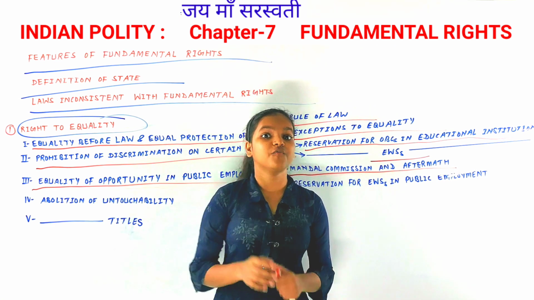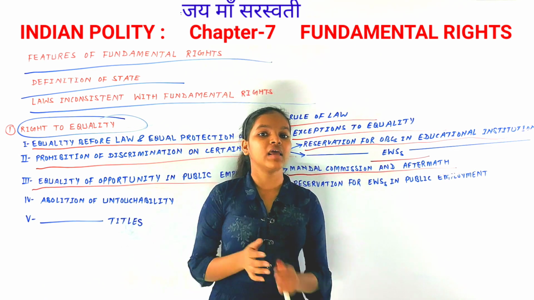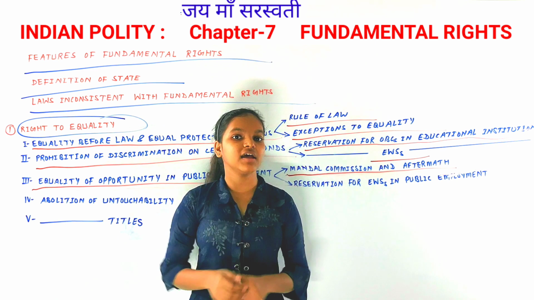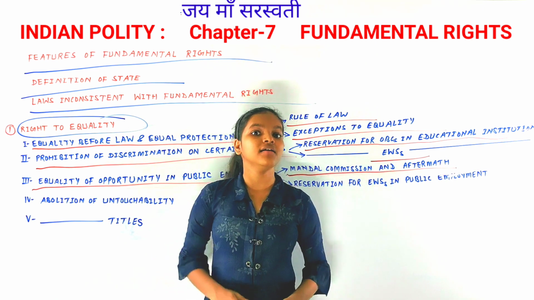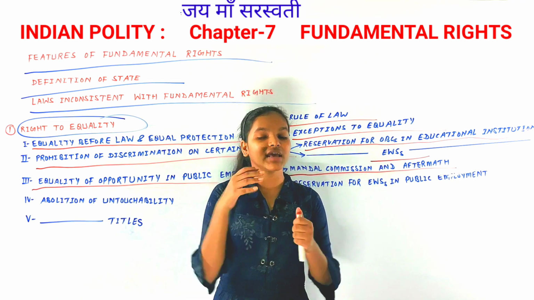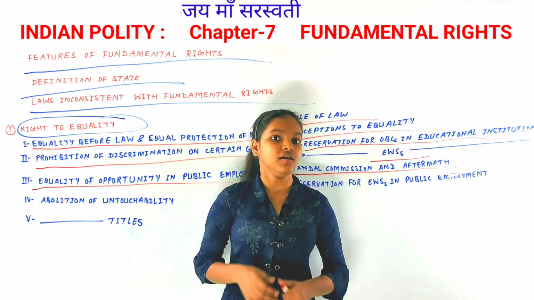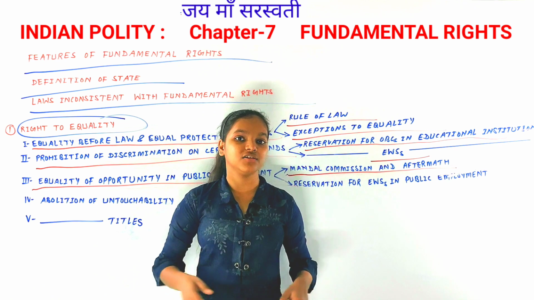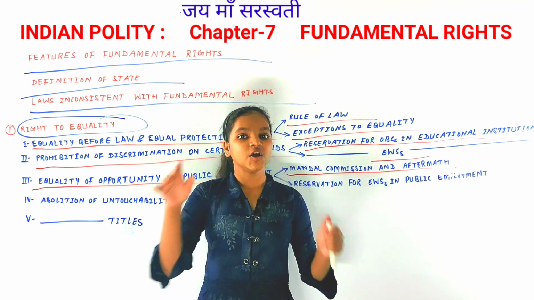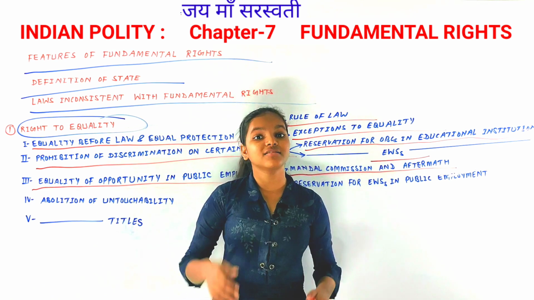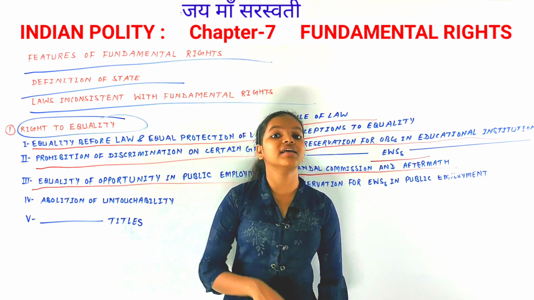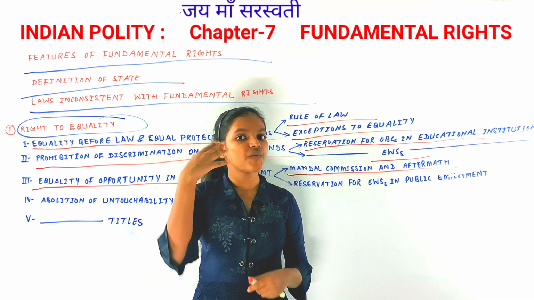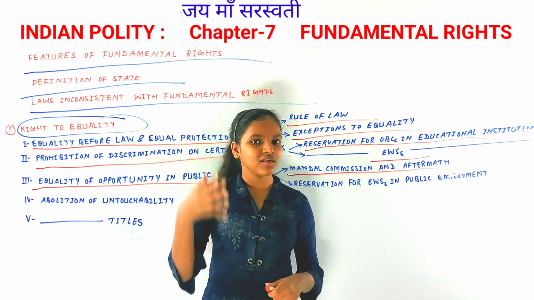For example, the 76th Constitutional Amendment Act of 1995 was enacted to protect the Tamil Nadu reservation, because in Tamil Nadu the reservation for backward classes, scheduled castes, scheduled tribes is more than 50%. It is 69%, far exceeding 50%.